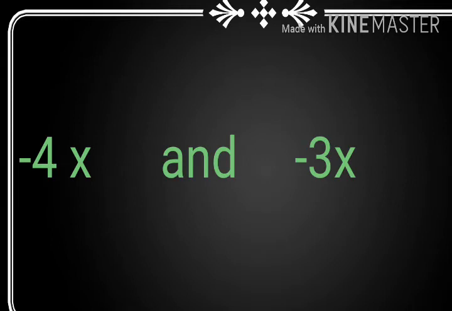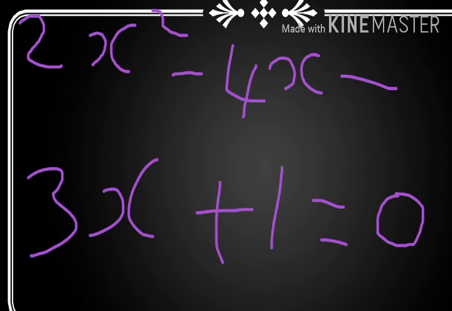Okay, then the next step, we can split that middle term minus 7x as minus 4x minus 3x. Minus 4 and minus 3 are the numbers. So here we can split that as minus 4x minus 3x. First and last terms we can write as the same. Then we can group them.